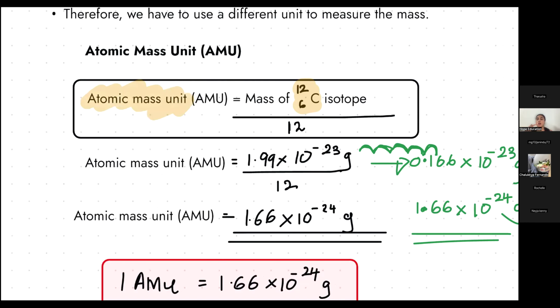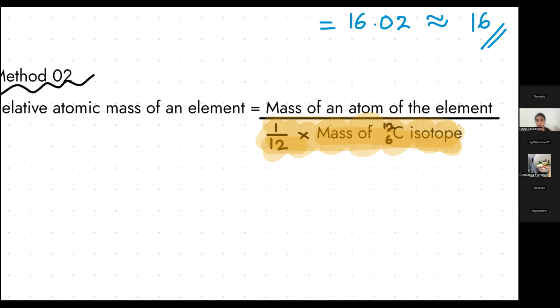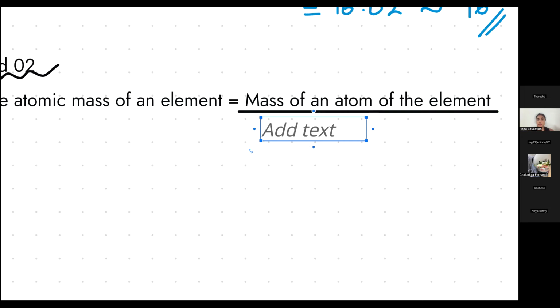Instead of 1/12 of mass of carbon-12 isotope, I can erase it and write atomic mass unit here.